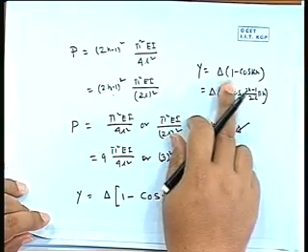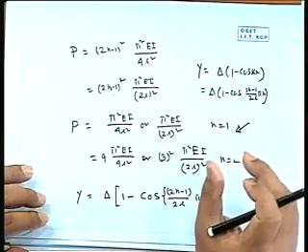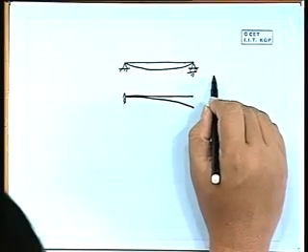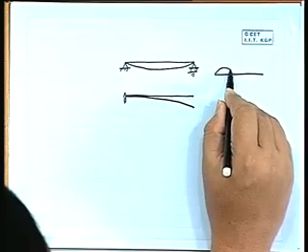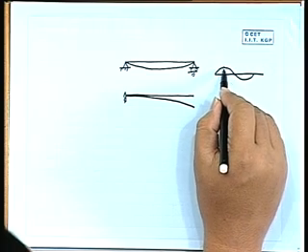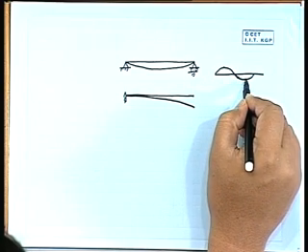So y equal to delta (1 minus cos kx), right? So it is a cos curve, but not directly a cos curve, with some minus and all those. Now we have the understanding that if we draw a sine curve like this, and if we start from here, it is a cos curve, right?